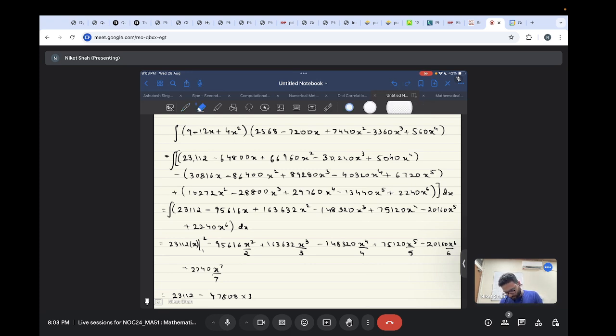So this gives me 143424, plus 163632 divided by 3, multiplied by x cube, 2 cube minus 1 cube, so it's 8 minus 1, which is 7.